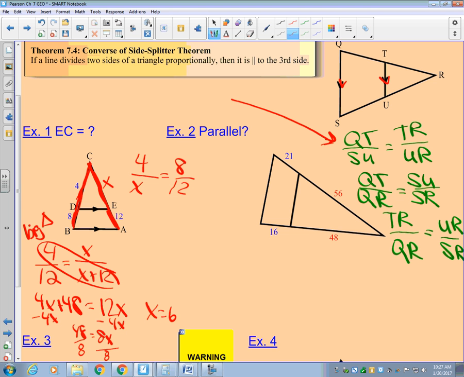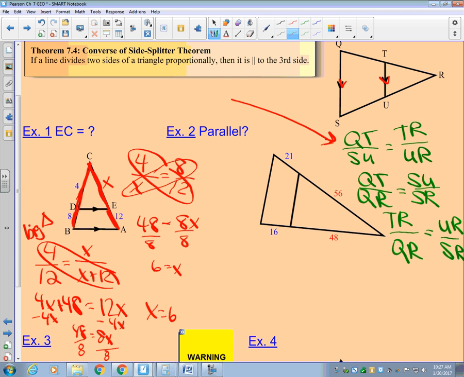So then we'll do our cross products. 4 times 12 is 48, and x times 8 is 8x, and it's essentially the same thing. And 6 is equal to x. So be flexible. You may not be using the same method as somebody else in your group, but you will get to the same answer if you're doing it correctly.